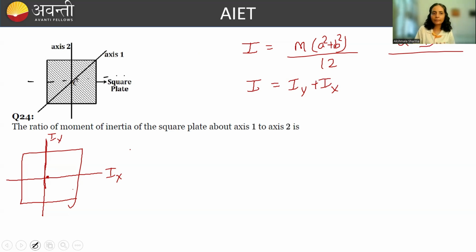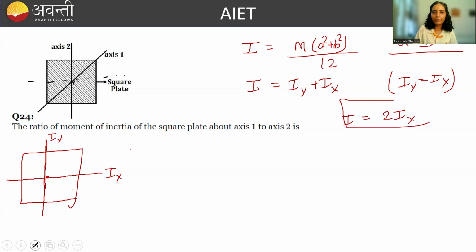You can call this as x-axis, this as y-axis, or you can say that y-axis is dividing the plate into equal parts, and also x is dividing it into two equal parts, such that their mass distribution is the same around the axis, right? So here we can say Iy is equal to Ix. So I can write here I is equal to 2Ix.